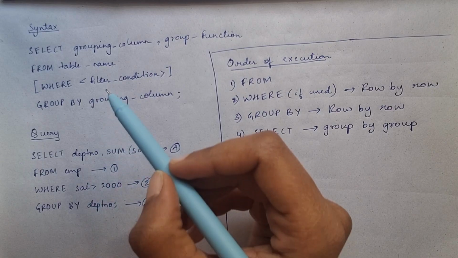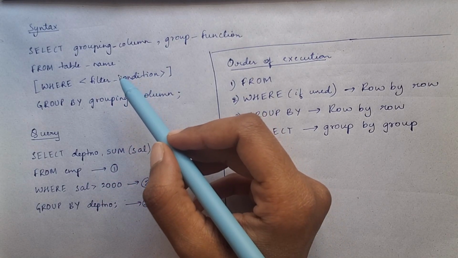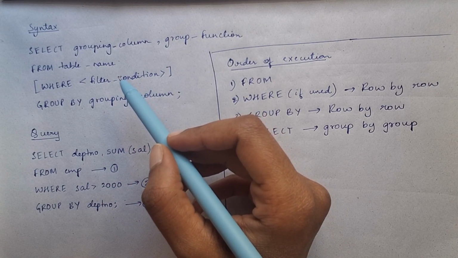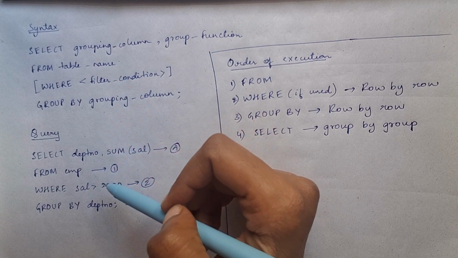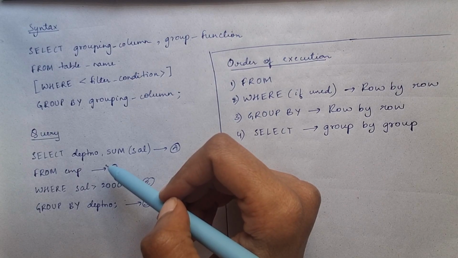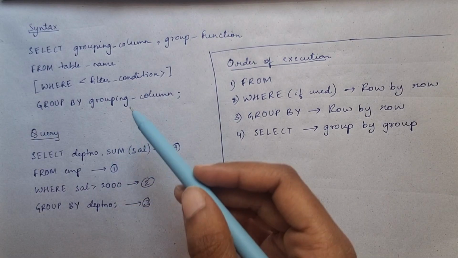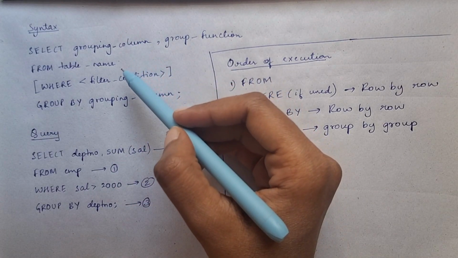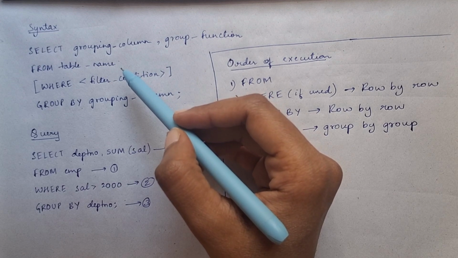From clause tells SQL from which table the data should be taken, and this is always the starting point of query execution. Here from EMP means the data is taken from EMP table. Where clause is optional. If we use where, it filters rows before grouping.